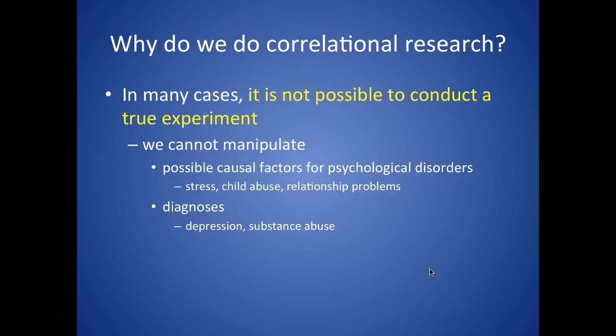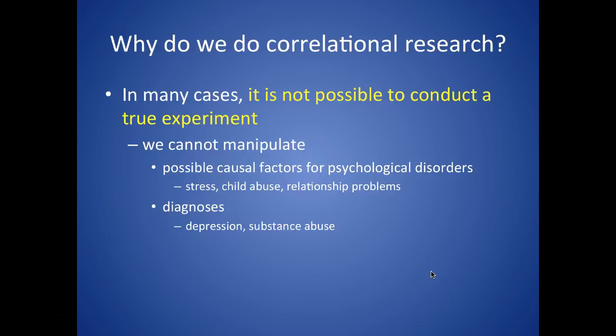And here's the point. It's not possible in many cases to conduct a true experiment, particularly in abnormal psychology. You cannot manipulate, for example, the amount of trauma that a person is exposed to in childhood. You can correlate it, but you can't cause it. You can't take a group of people and say, have your parents beat you up when you're 3, and then check to see if you get multiple personality disorder.